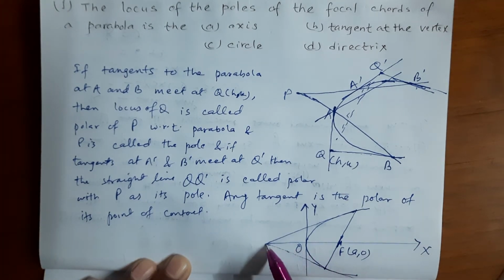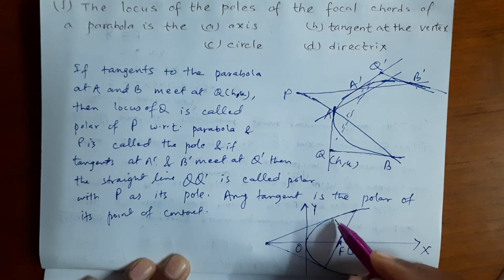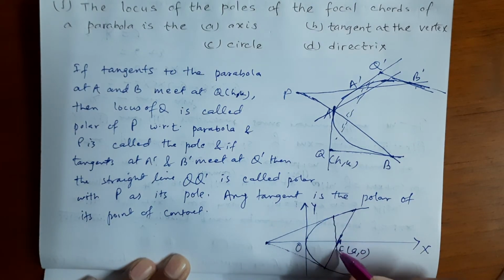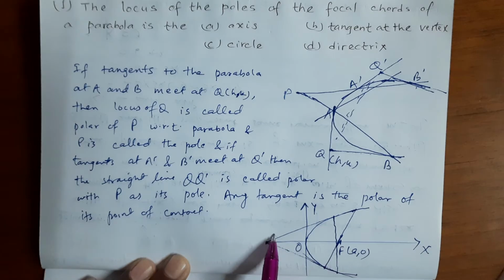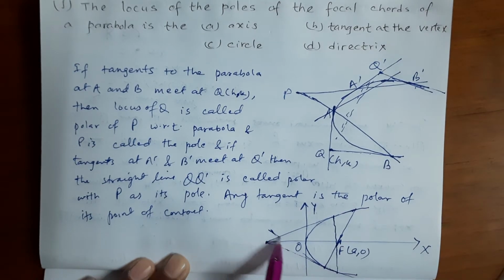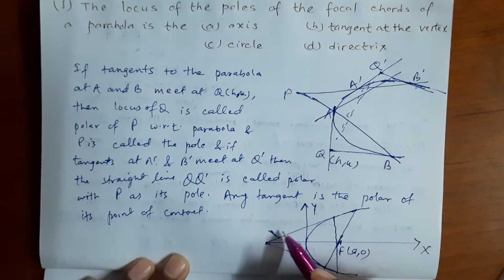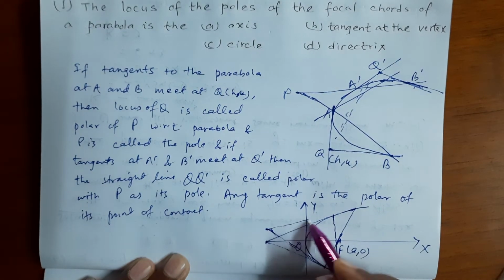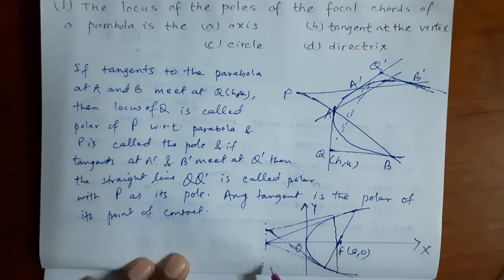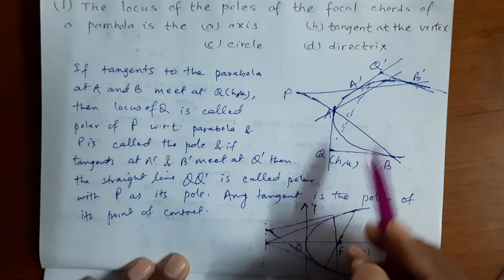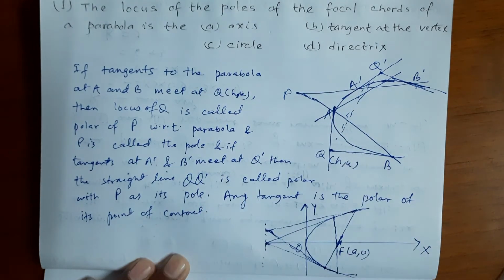So this is the pole of the focal chord, and if you take any other focal chord and draw tangents at these points, then these poles of the focal chord will be on the directrix.